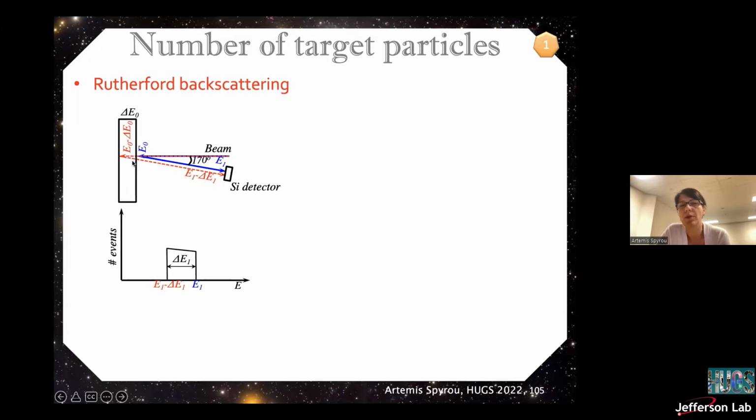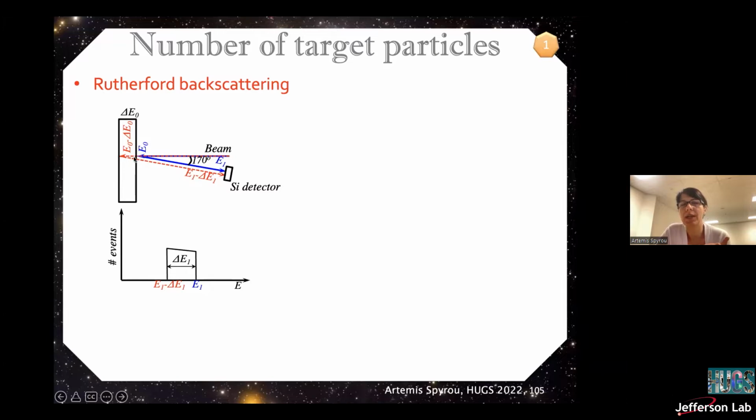Then they lose quite a bit of energy, and those particles would show up somewhere at a low energy. So the energy width of this distribution is highly sensitive to your target thickness.